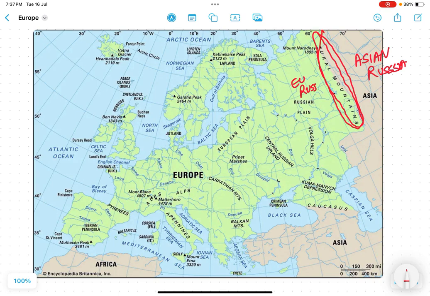The Ural river also flows through them into the Caspian Sea, right. Next we have Barents Sea at the top, and the part of Barents Sea right here is the White Sea.